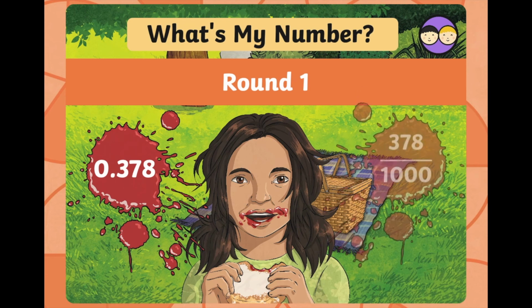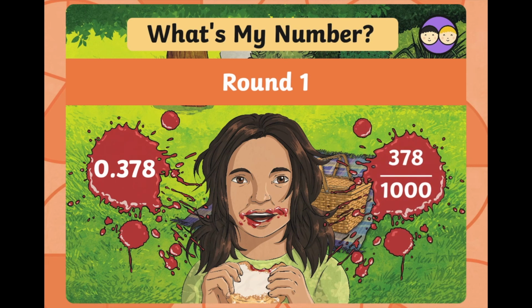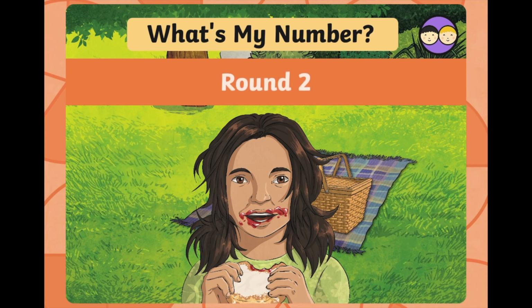Time's up. Well done if you got 378 over 1,000 as your fraction. Swap round. Ready for round 2? Go.